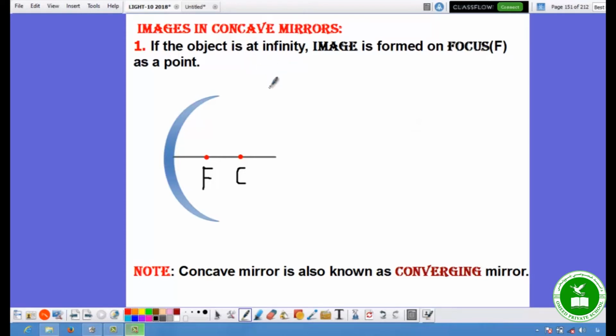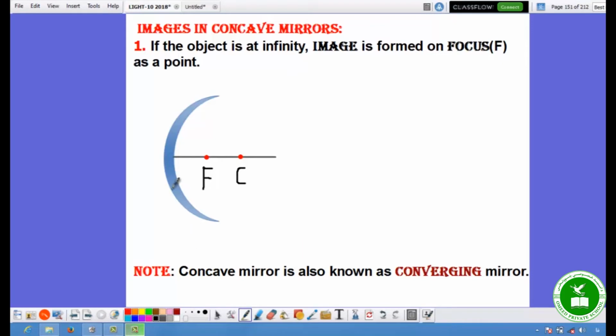First case: if the object is at infinity, image is formed on focus as a point. You know concave mirrors are the mirrors in which the outer surface is painted and the inner surface reflects.